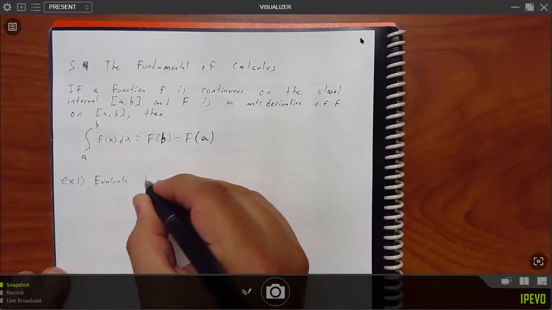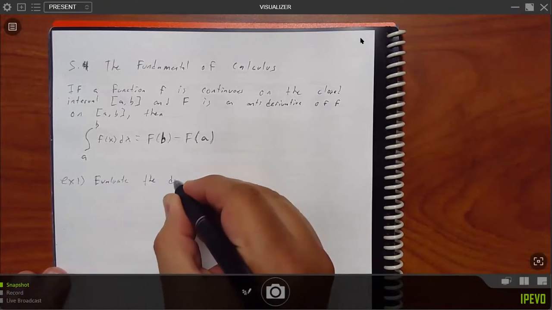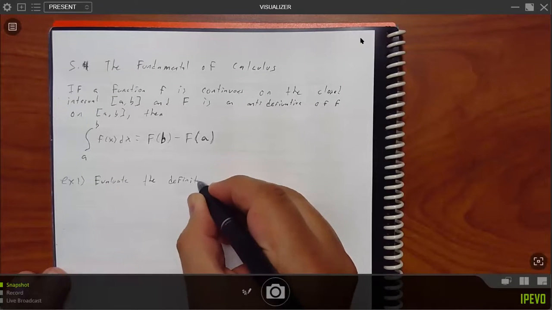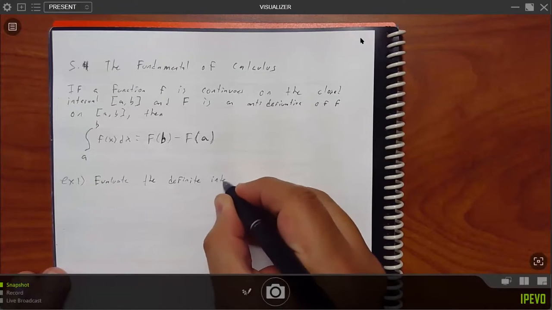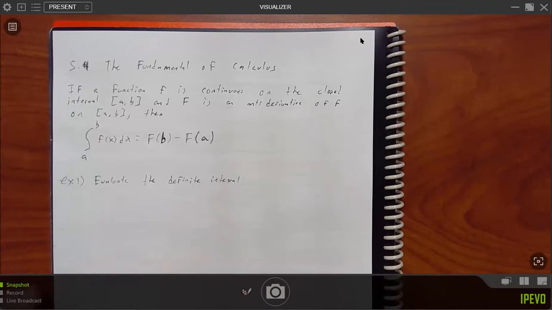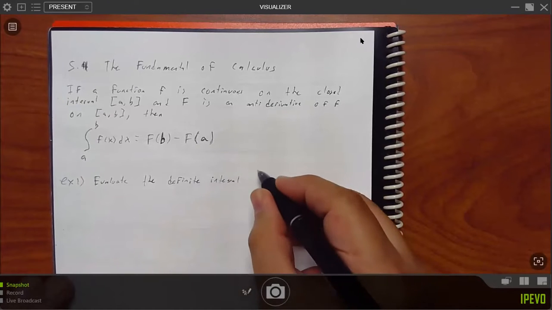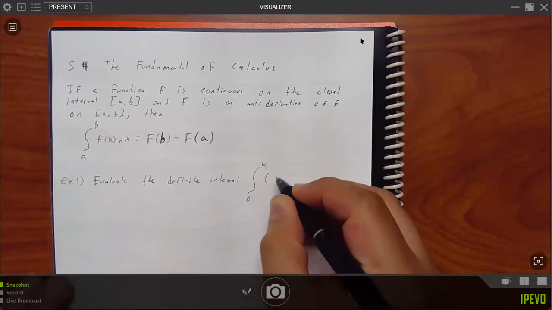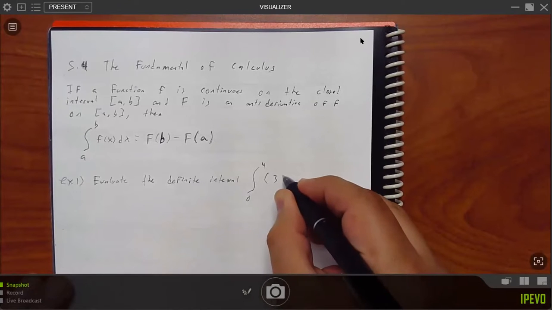Evaluate the definite integral. So before, you remember when we did these, there was an indefinite integral, but we had to add that plus c. You guys remember that? I know that was like a week ago, I think.